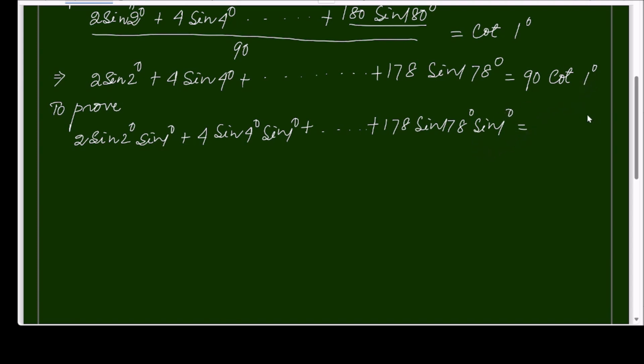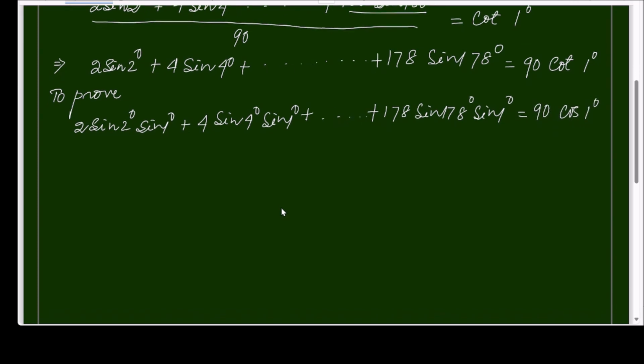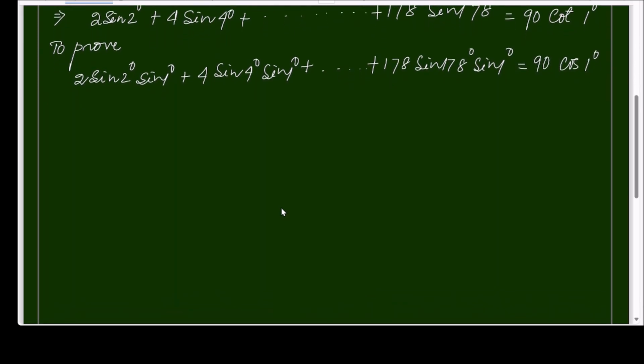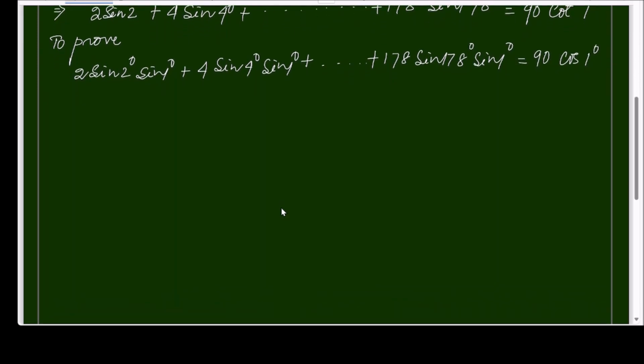When we multiply sine 1, it will be cancelled. So I have to prove that it equals 90 times cos 1 degree. This is another form of the question.